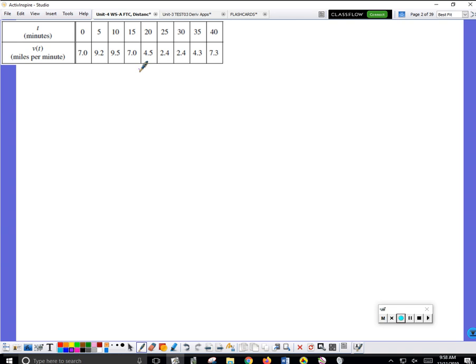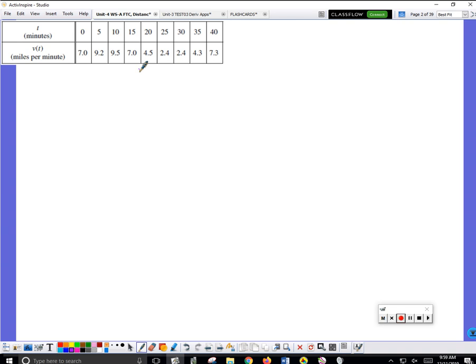The assumptions aren't always true, so don't assume that they will always hold, but for this discussion, we'll look at the table on your buff sheet, and assume that from time equals 0 until time equals 5 minutes, the velocity of the plane really is 7 miles per minute. So it's never changing, it's always 7 miles per minute for those entire 5 minutes.